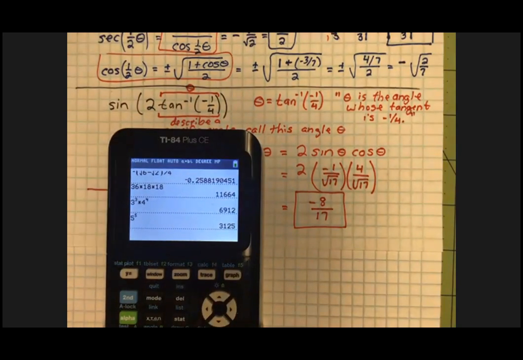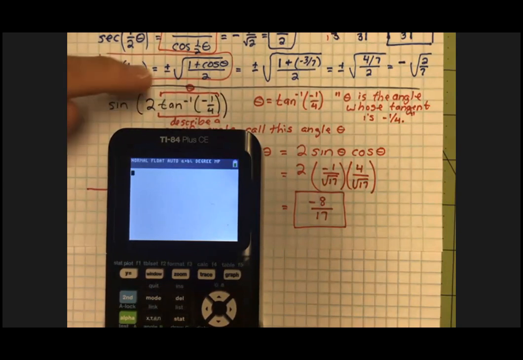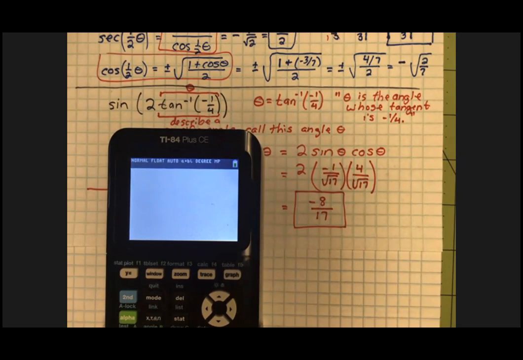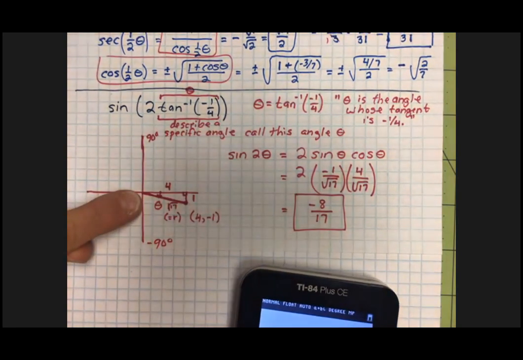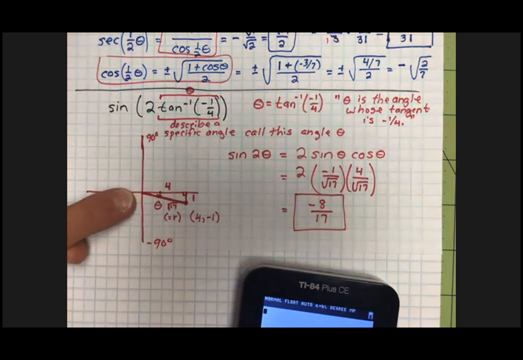But let's talk about, am I in radians or degrees? Well, I'm never going to see the actual angle, so I don't mind which one I'm in. Since this is such a small angle, I'd like to see the degrees. Is it, I don't know, minus 10, something like that?